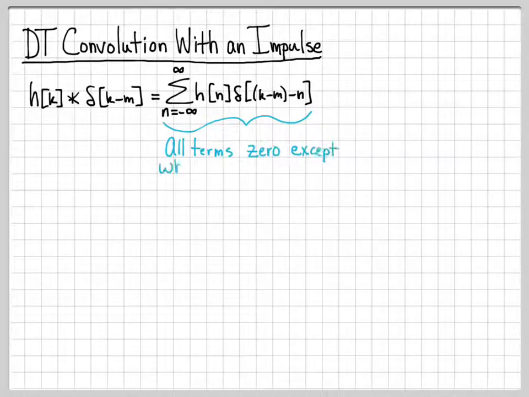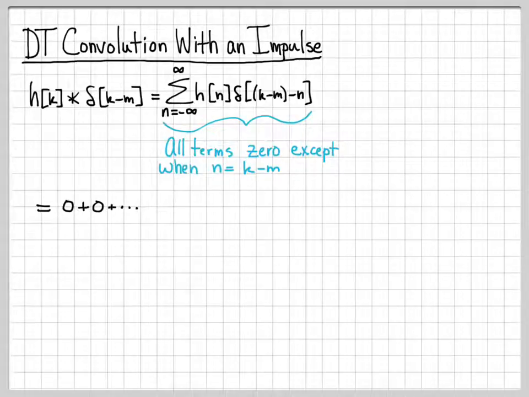If you look at this, all of the terms in this sum are 0, except for when our counter variable n is equal to k minus m, because the delta function is 0 everywhere except at one point. So this sum, even though it has an infinite number of terms from minus infinity to infinity, all of them are 0 except for one of them.